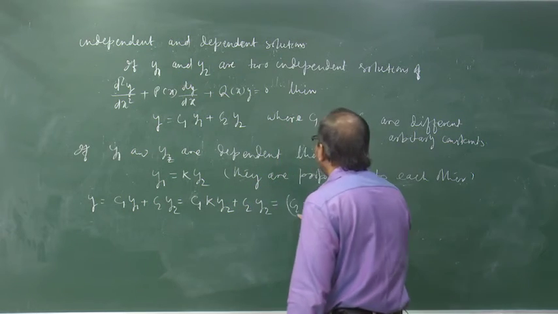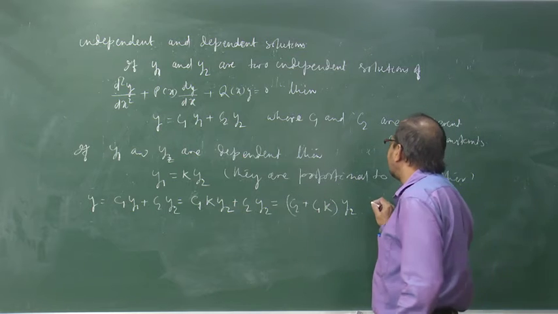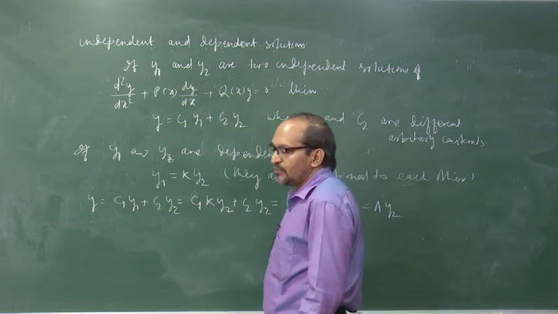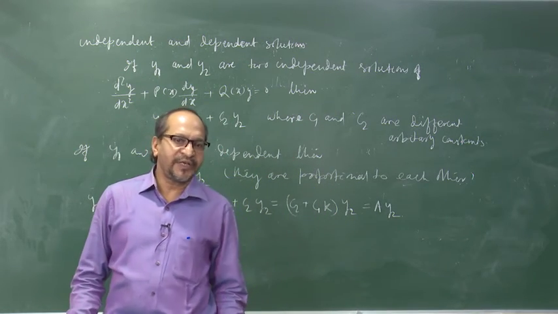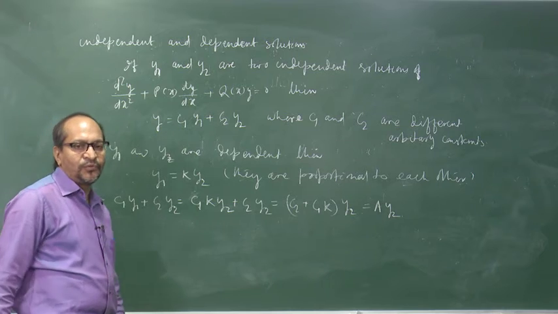Since C1 is a constant, k is a constant, C2 is a constant, their combination is a constant. So, we can express it as a into y2. Similarly, we can express y is equal to some constant b into y1.